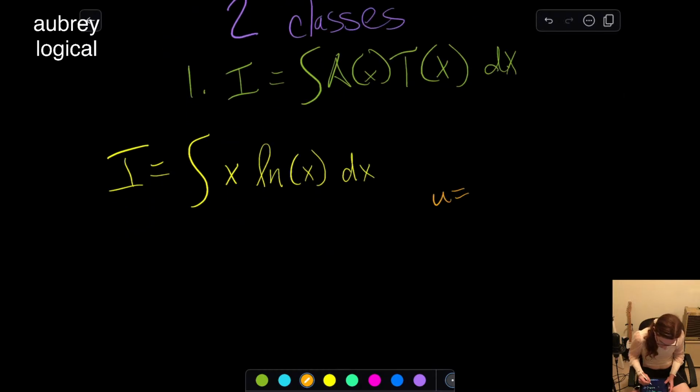So in this integral, our functions are x and ln of x.